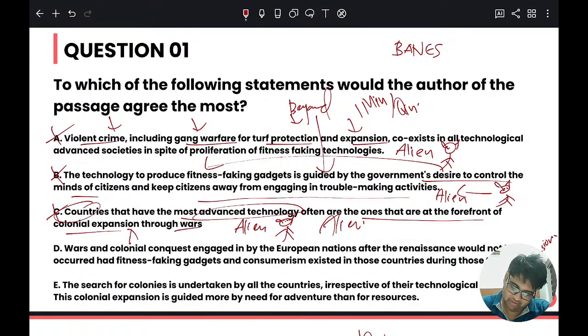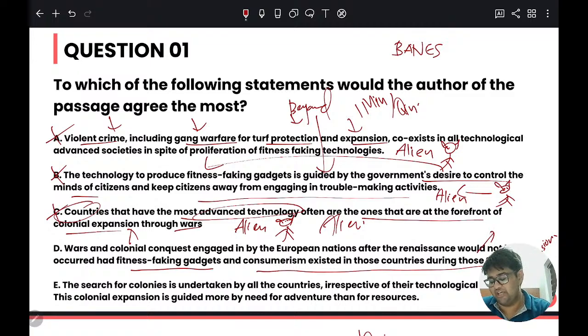Now, this is something the author will agree with, right? Because if fitness-faking gadgets and consumerism existed in those times, then people would shrink to their comfort. So there would not be wars and colonial conquest engaged in by European nations. This is something the author would likely agree with. I don't know, I'm going to park it here.